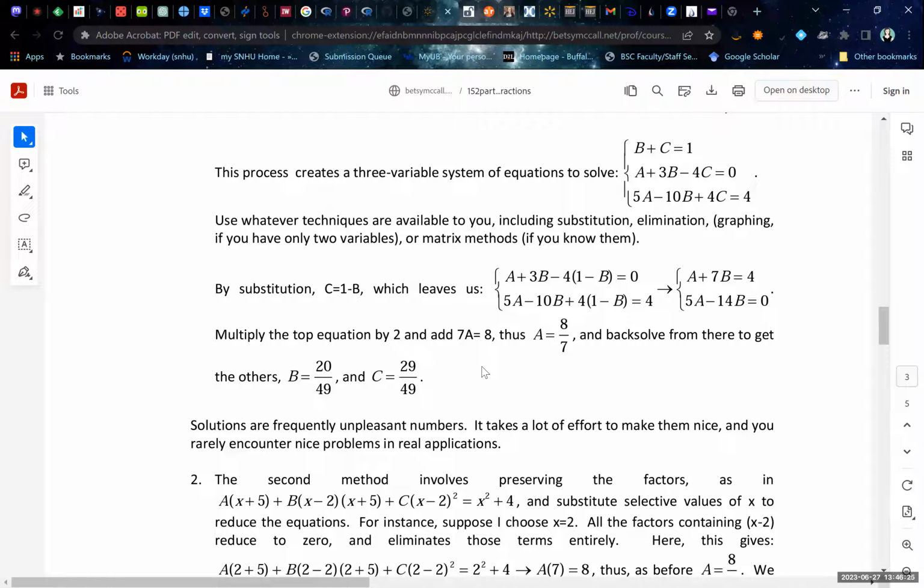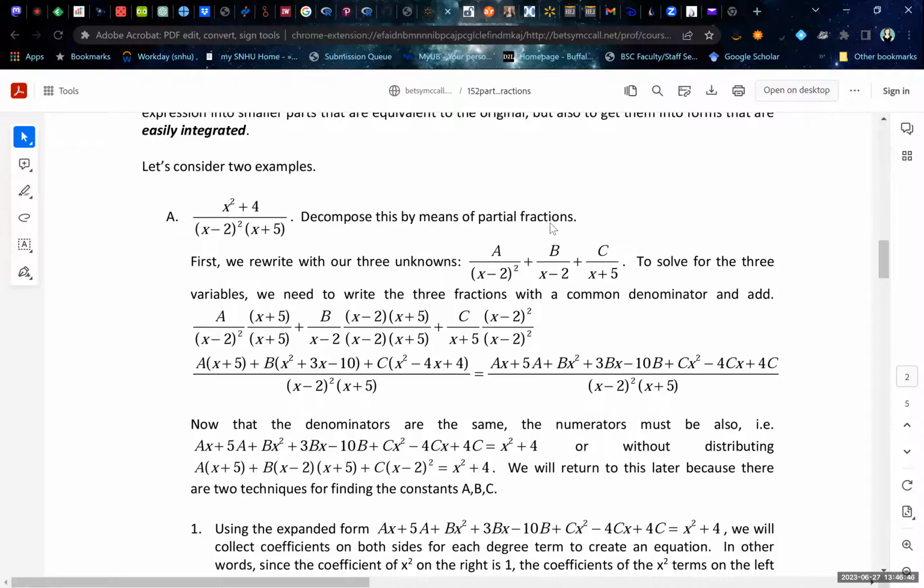But typically textbook problems, especially in the beginning of these examples, will try to make the variables work out nicely, and then they will start getting more complicated like this. Once we get to these solutions, we plug them back into the setup that we had up here. We would plug our a, b, and c into our expression in terms of those unknowns.